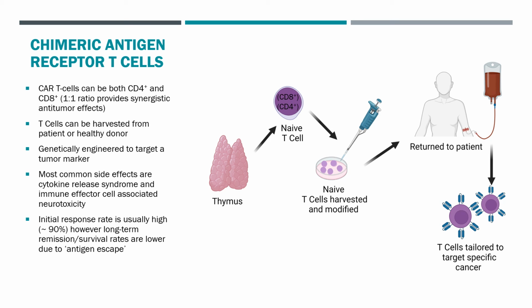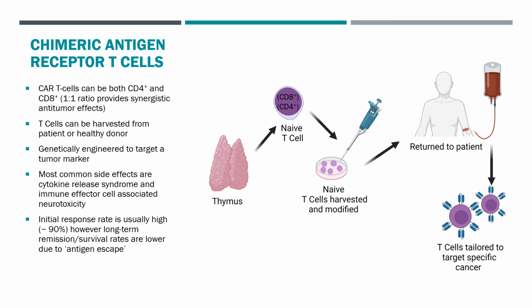The next point, it was not intuitive to me and was very intriguing to me, and that's that T cells can be harvested from patients or healthy donors. Now, traditionally, when we talk about T cell therapy, we think of it as coming from the patient, and that's the ideal circumstance. But now, as we're starting to think of applying this on a global scale, we need to face some of the roadblocks that would come with this therapy, and that's that we would be using this in cancer patients, and many of the cancer patients have depleted immune cells.